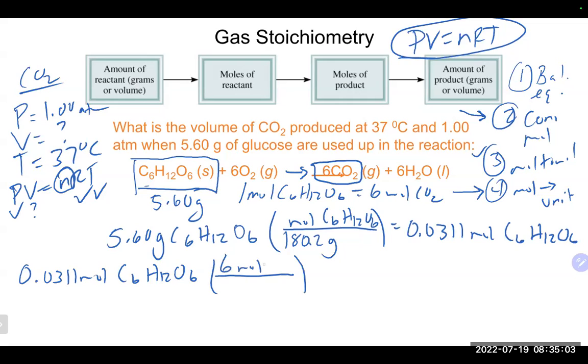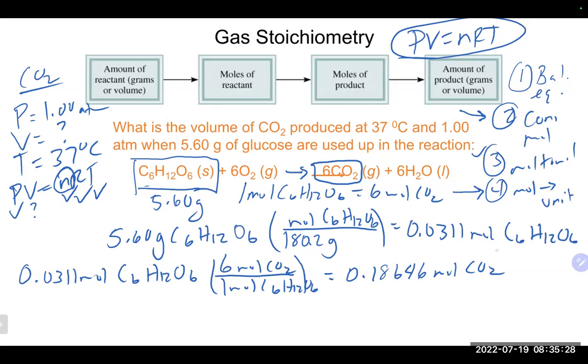So 6 moles of CO2 up on top, 1 mole of our glucose on the bottom. So we're going to multiply that by 6. It's going to give us 0.18646 moles of CO2. That is the last thing that we were missing from the ideal gas law.